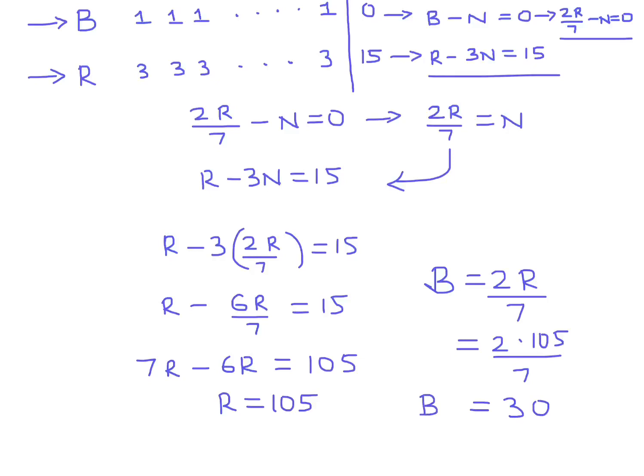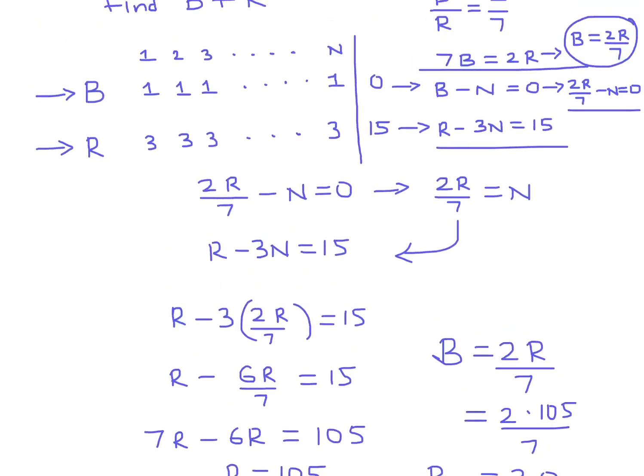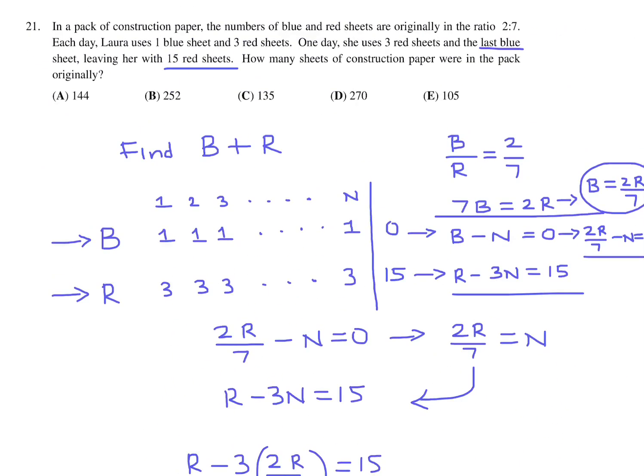All right, so the number of red sheets, 105, number of blue sheets, 30. So R plus B is 105 plus 30, which is 135. So 135 is the number of construction paper sheets in the pack originally. And therefore, number 21, the answer is C.